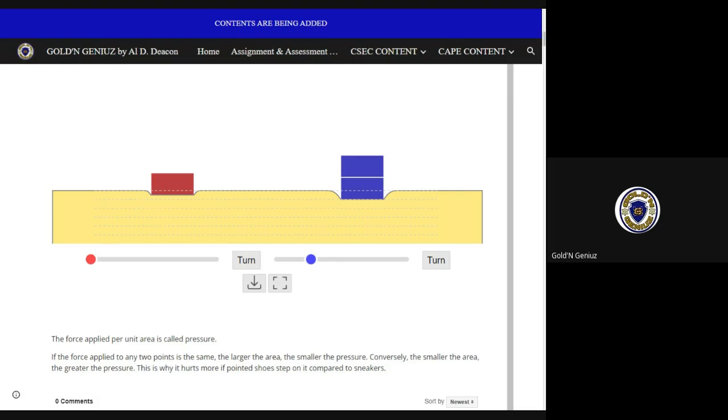Everyone finish answering that now? All right, pressure is inversely proportional to area.